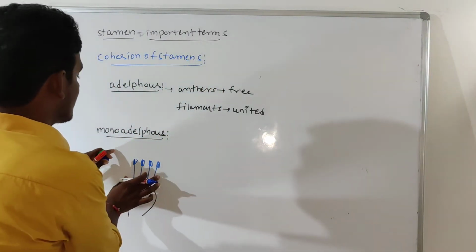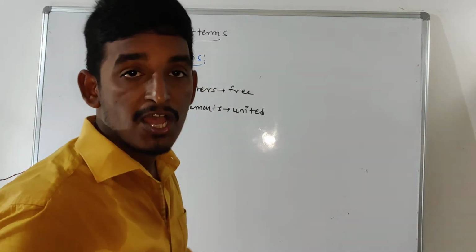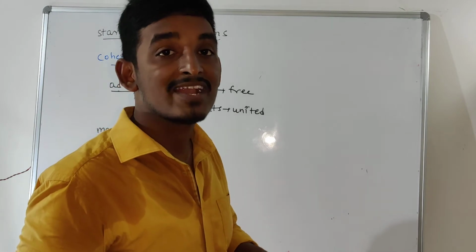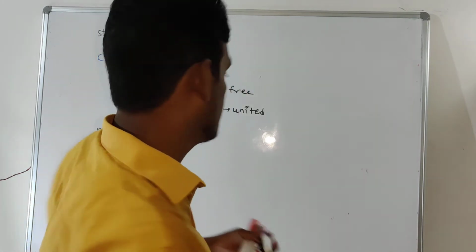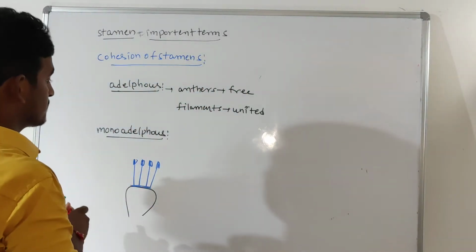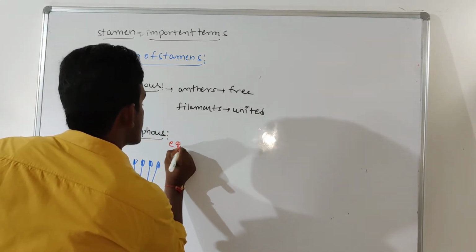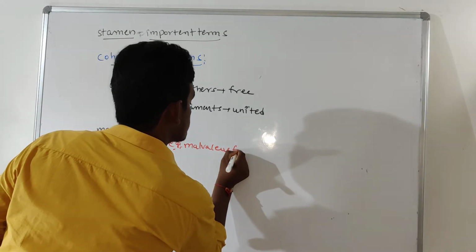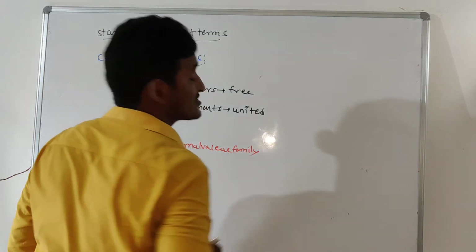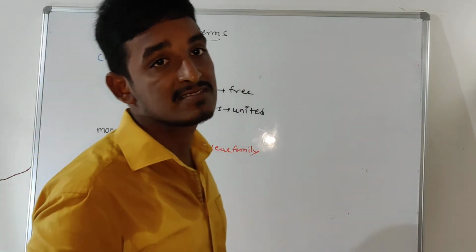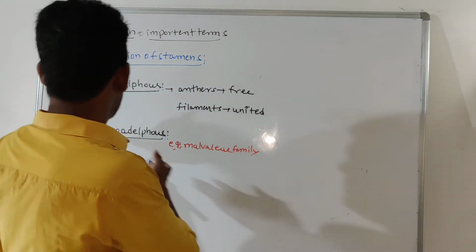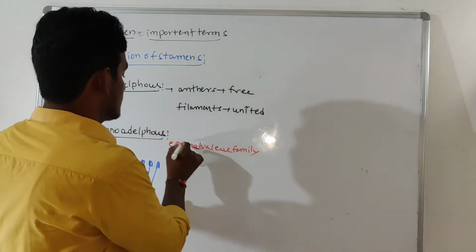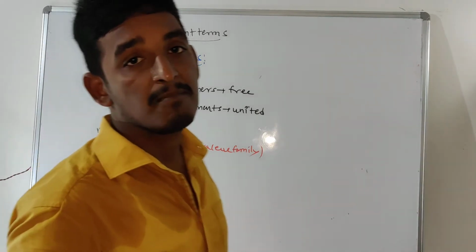Here it forms one bundle, so we call it monoadelphous condition. It is found in the Malvaceae family. If you take China rose, Hibiscus rosa-sinensis, that is an example of the monoadelphous condition, belonging to the Malvaceae family, right?